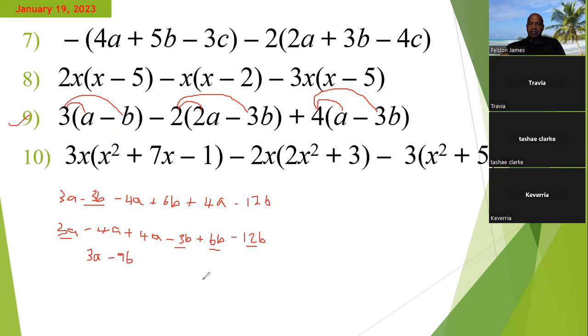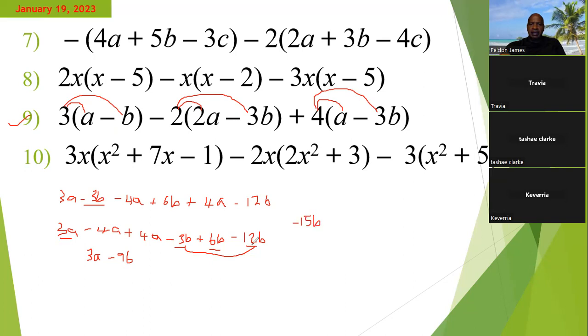Now for the B's, you look carefully, you have negative 3B and negative 12B. The key thing here, you look for the negatives and add them together. The negative 3B with the negative 12B, you add those together because they are negative, and keep the sign. So you would now have negative 15B.